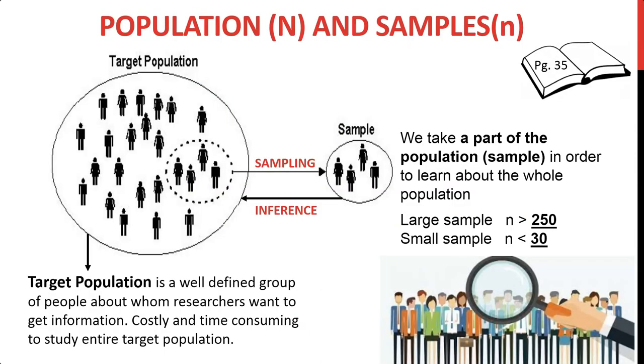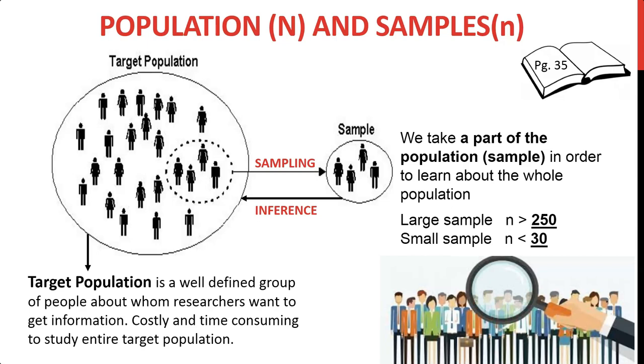So let's delve a little bit deeper into the concept we just talked about called populations and samples. And sometimes you'll see them in mathematical equations. A capital N is the numerical sign used to represent population, and a small n is used to represent samples. So we look at a target population, the defined group of people about whom the researcher wants to get information.